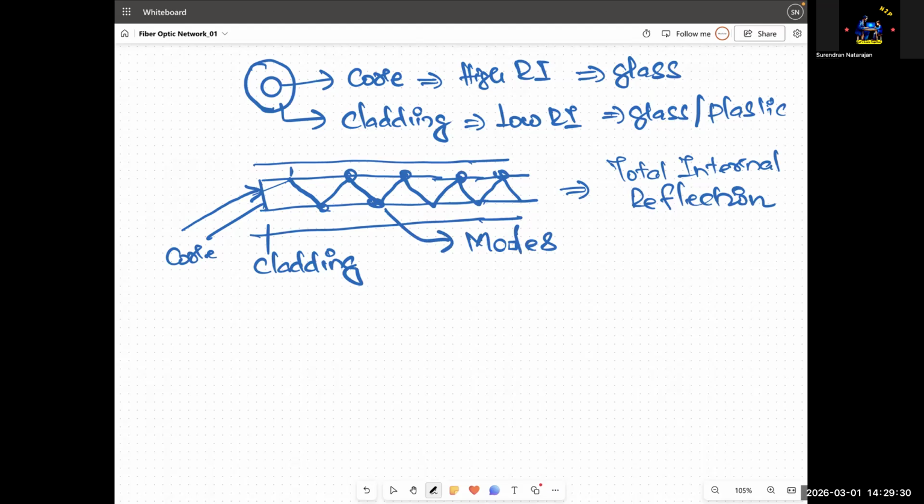Now, I have a question. This is one road. Only one bus can travel in this one. Consider a situation like India. This is another road.